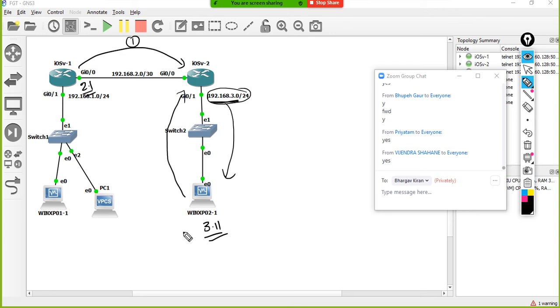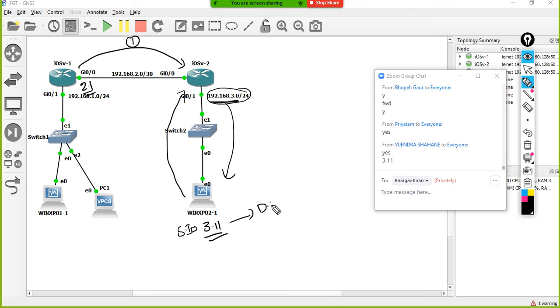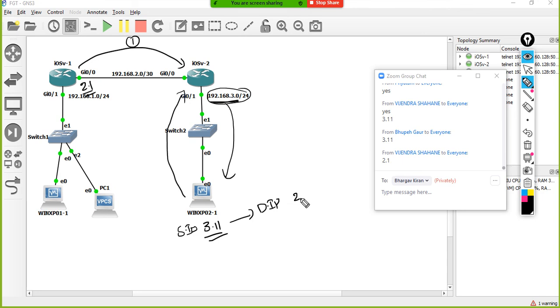Then what will be the source? The source is this. And who is the destination? Who is the destination? Bhargav. 2.1. Then it will go back to the router. Then what will the router do?